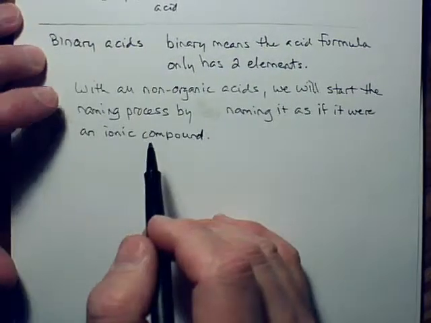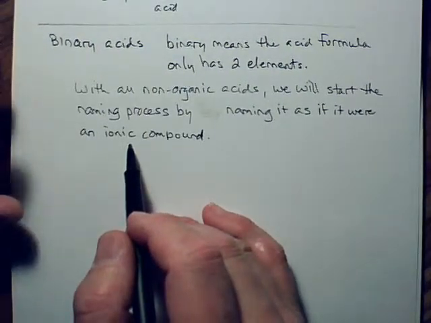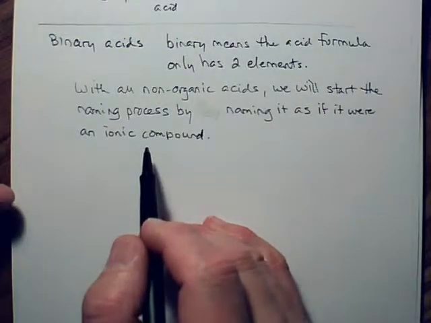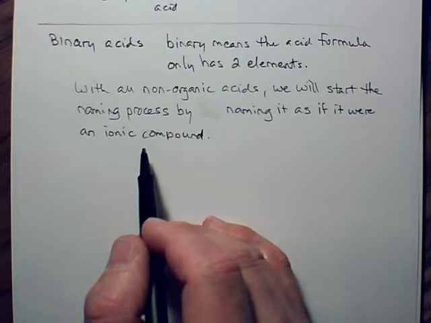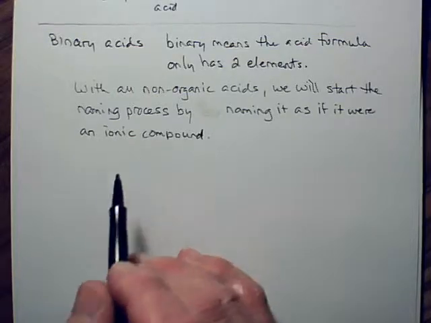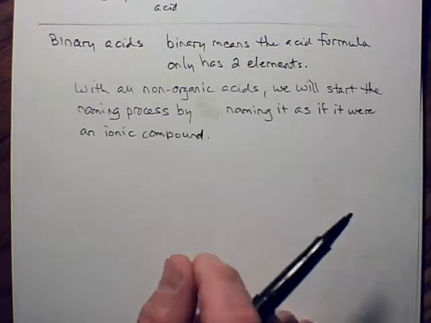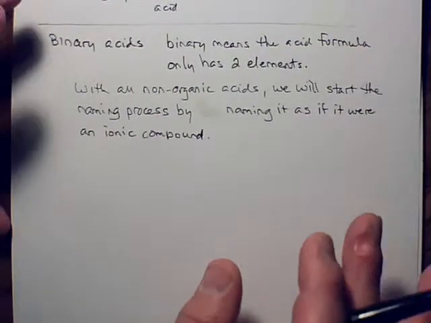Binary acids. We're going to start with all the non-organic acids. We're going to name them like the ionic compounds first, and then we're going to change that name to the name that we'd use for an acid. And that's all the acids we're going to name in here.